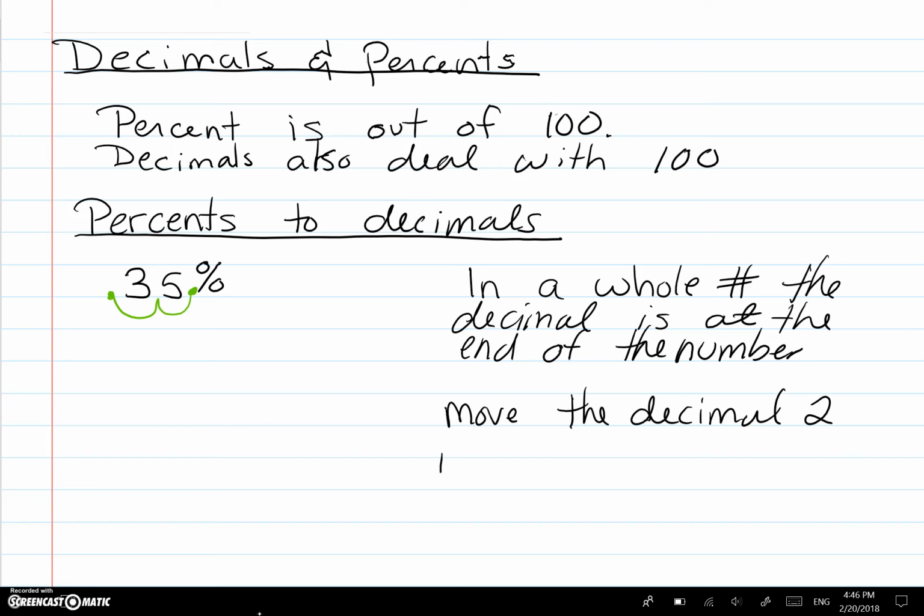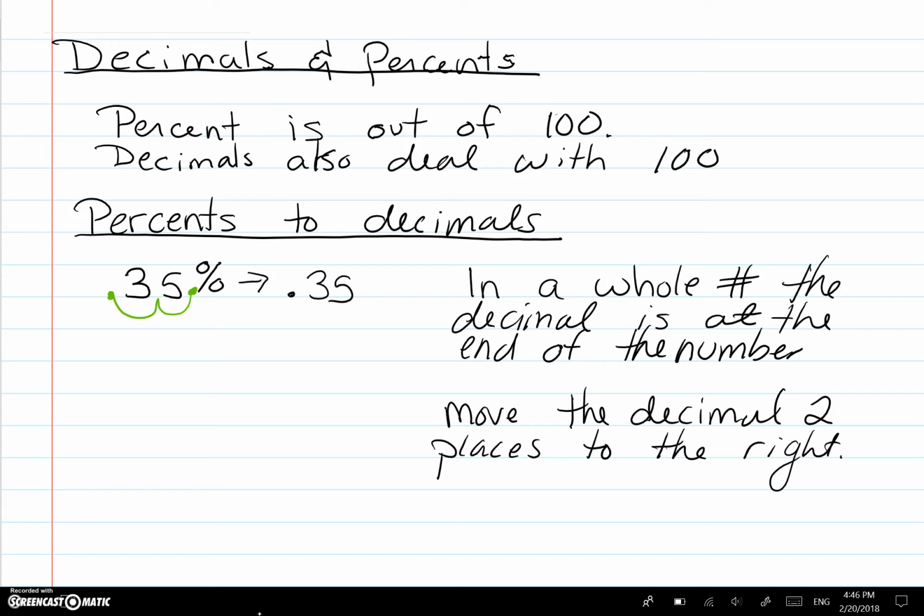So 35% becomes 0.35. So pause the video so the students have all this down, and when you're ready, click continue or play.